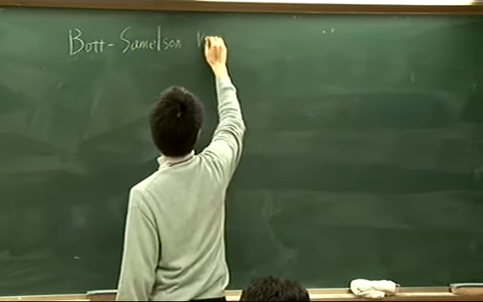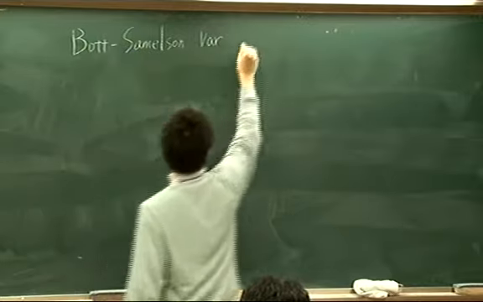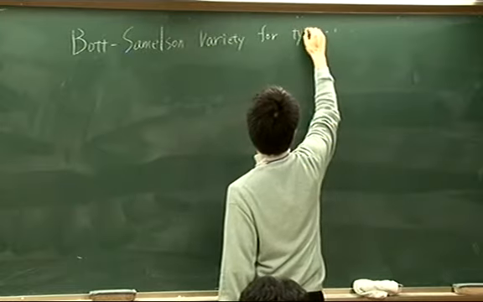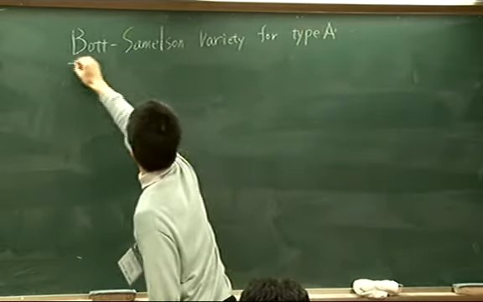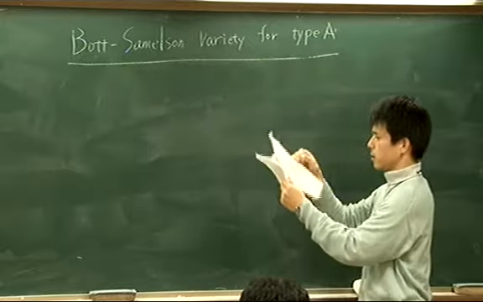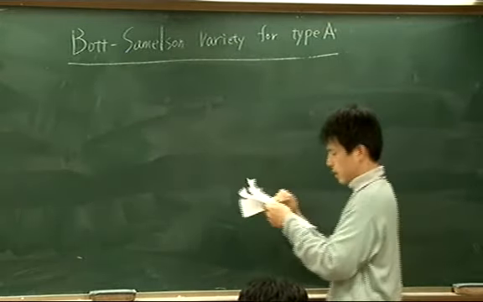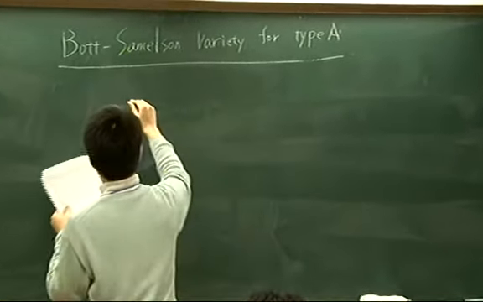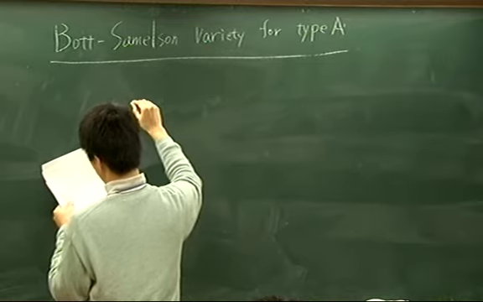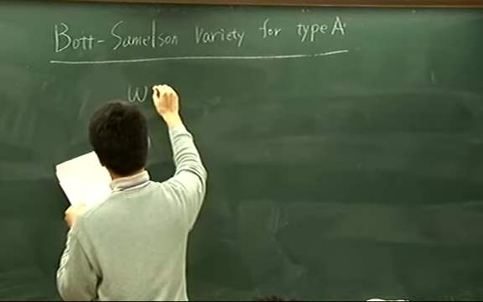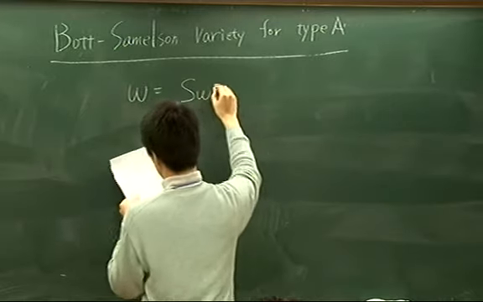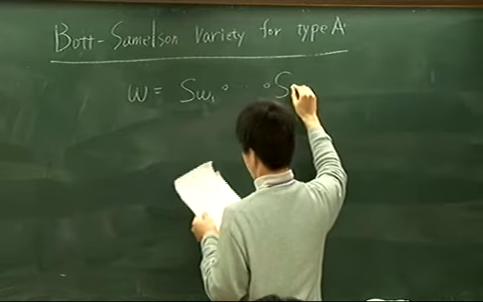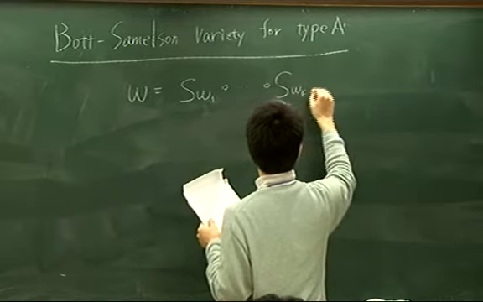Bott summation variety. So what is this? The Bott summation variety for type A is a certain Bott tower defined by an element of the symmetric group.